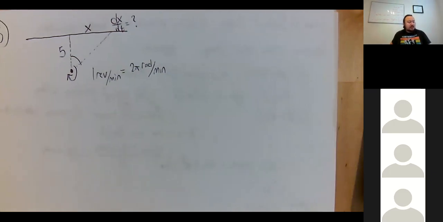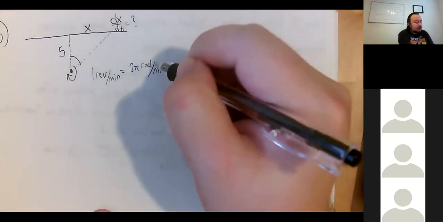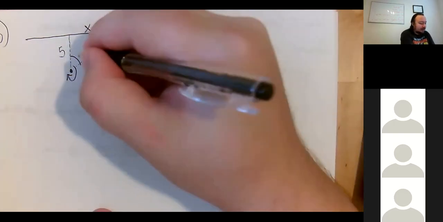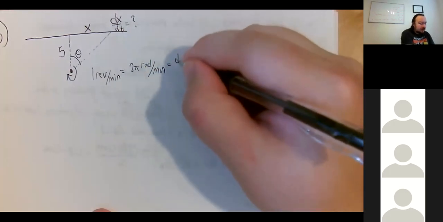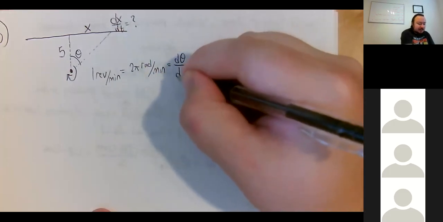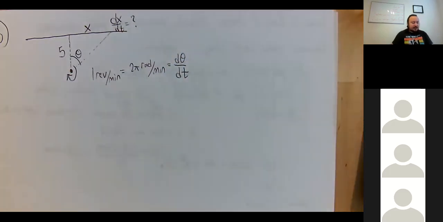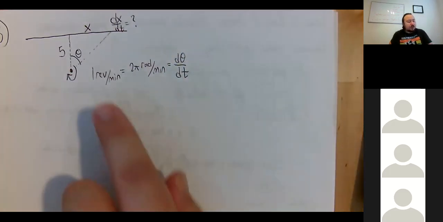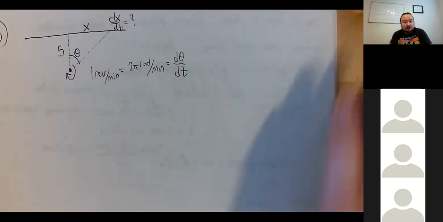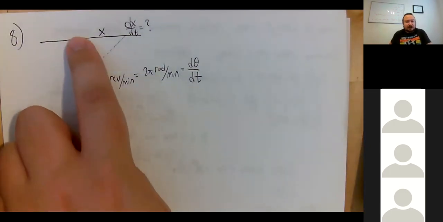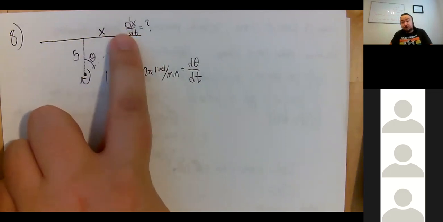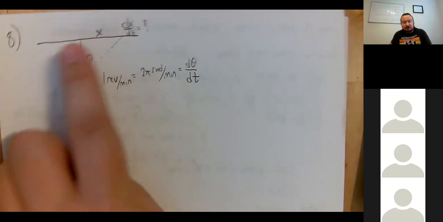All right, so let's see here. We know something about this angle, right? I'm going to call this theta. We know that 2 pi radians per minute is d theta/dt, right? So we know something about theta. We know about this length here, and we want to know about this length right here.